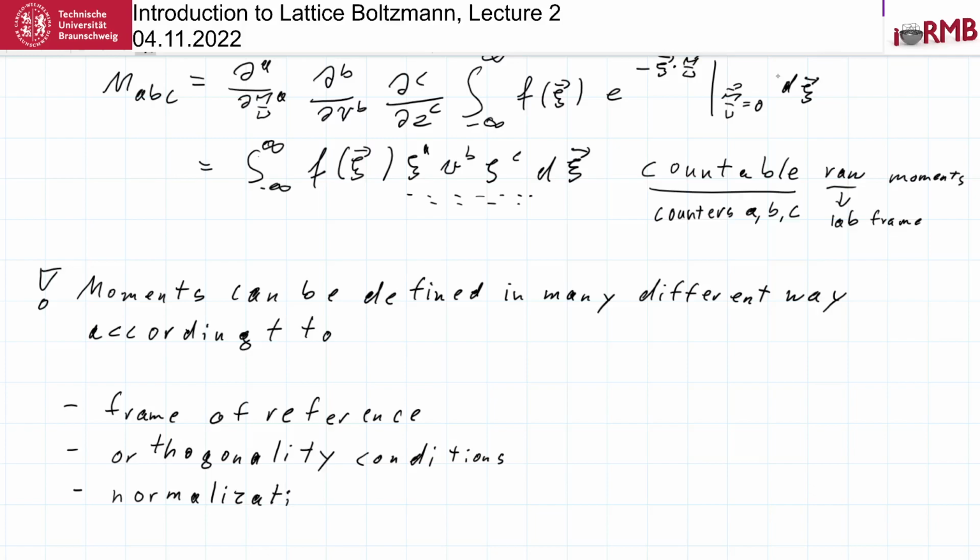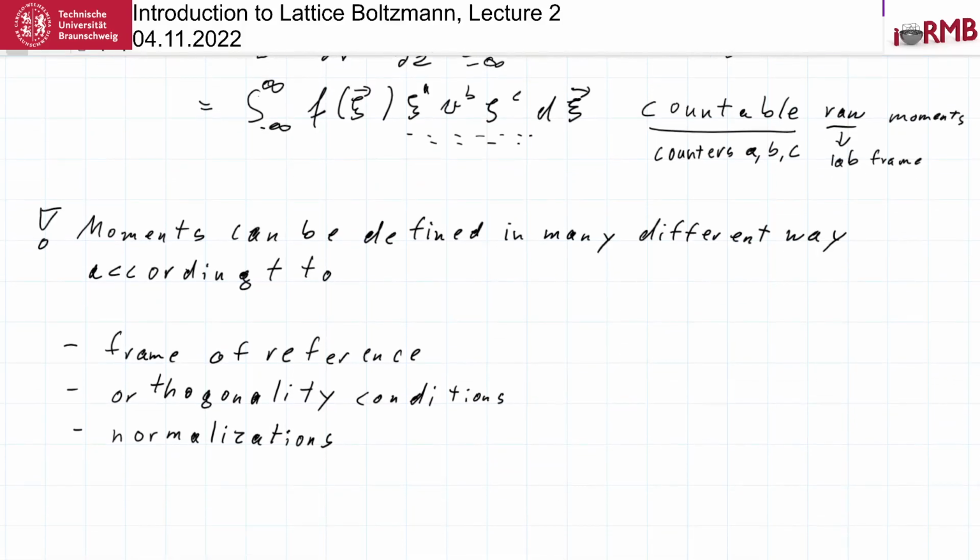For example, you can have a first moment that is the momentum, or a first moment that is the velocity. If you divide by the mass, then you get velocity out of this moment. Okay, let's first look at the frames of reference, because this is a big and important one.